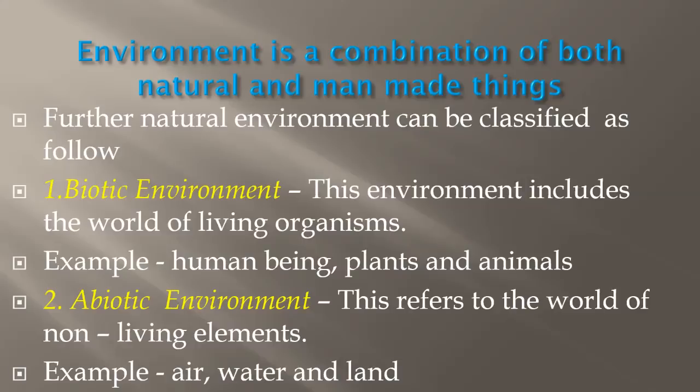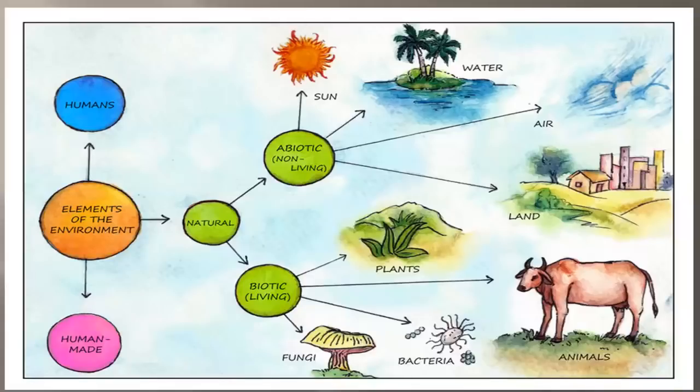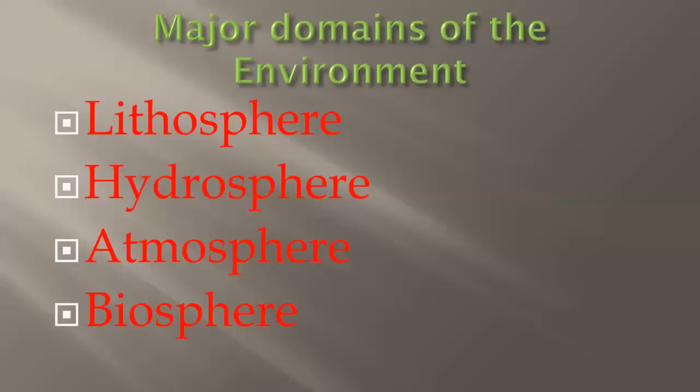Abiotic environment refers to the world of non-living elements. Examples: air, water, and land. Here is a chart which tells you the elements of environment: natural, in that two parts again, biotic and abiotic. Biotic: sun, water, air, land. Abiotic: plants, animals, fungi and bacteria.